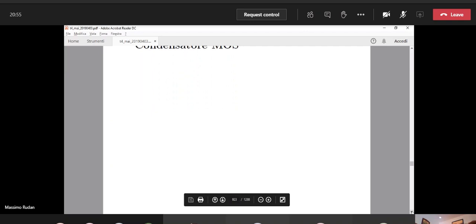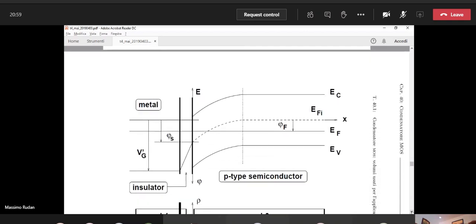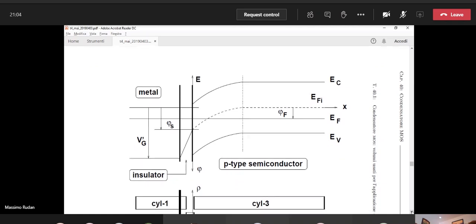So the MOS capacitor is a structure that is made of a silicon substrate on which a layer of insulator is deposited or grown.